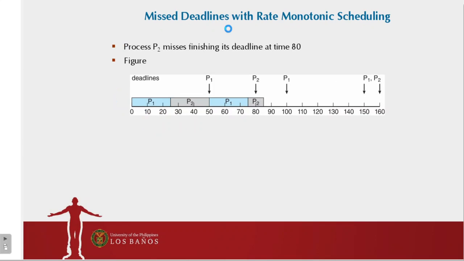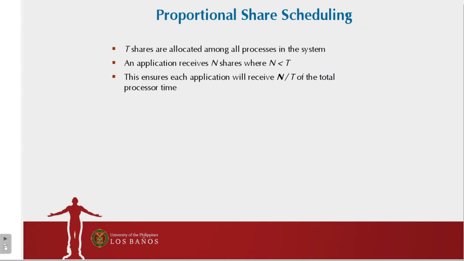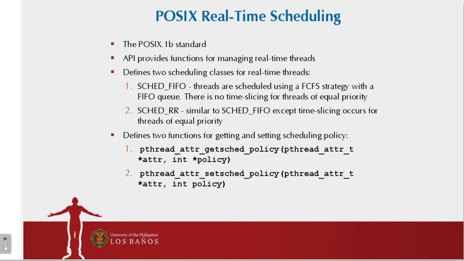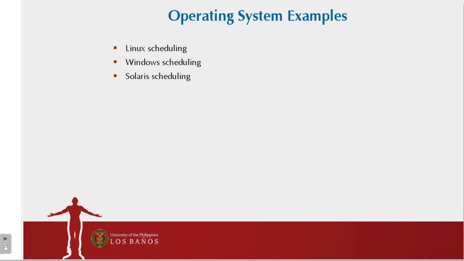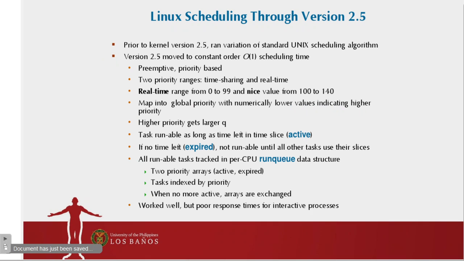So we move on now to an example operating system. We focus on Linux scheduling. Over the years, Linux has evolved, and different scheduling algorithms have been developed for it.